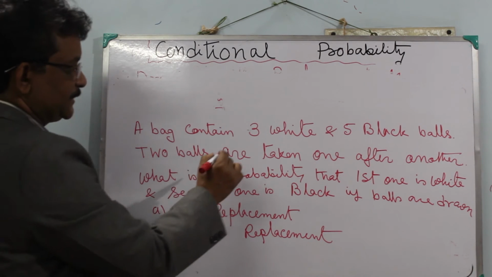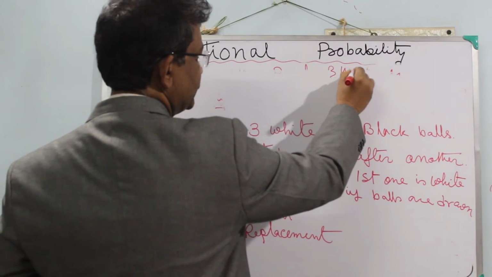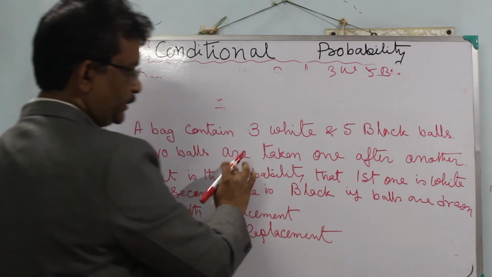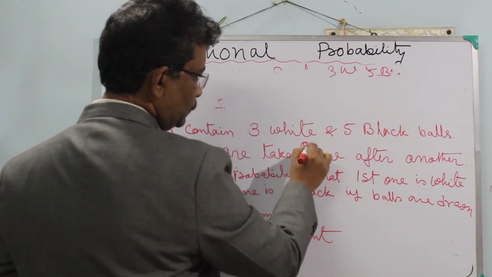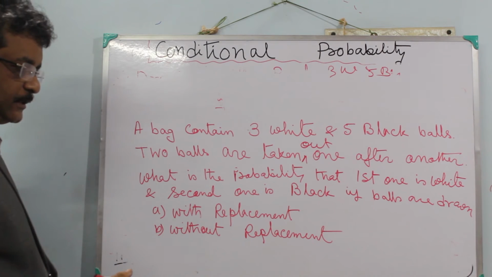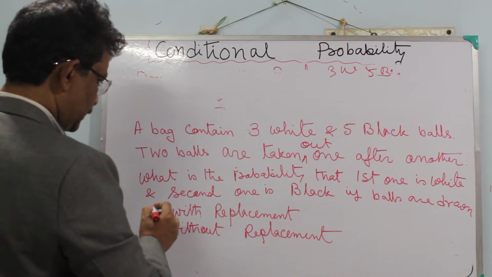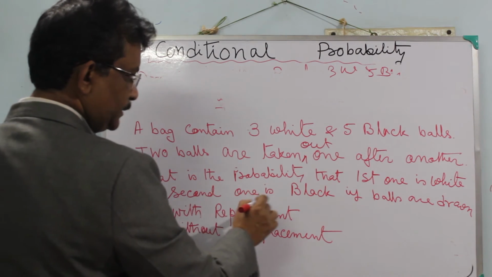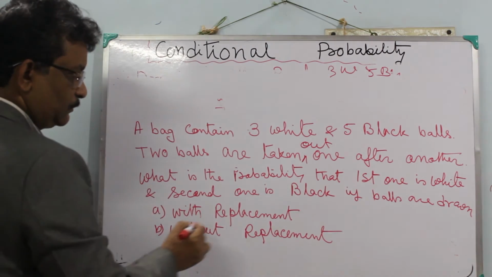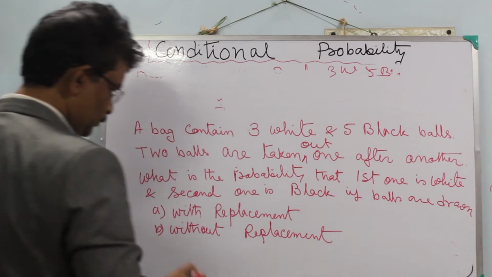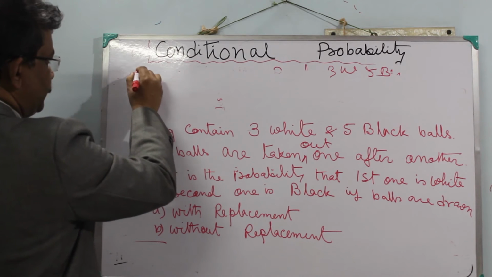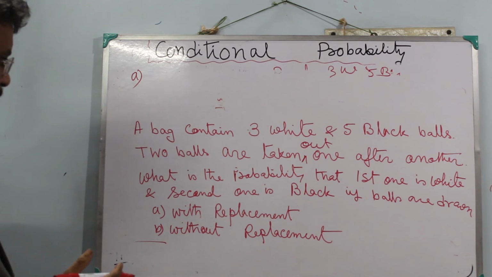So a bag contains three white and 5 black balls. 2 balls are taken out one after another. First one ball is taken, then the next one is taken out. What is the probability that the first one is white and the second one is black if balls are drawn (A) with replacement and (B) without replacement? So first, problem A, it is drawn with replacement.